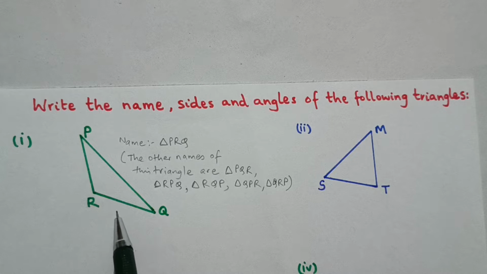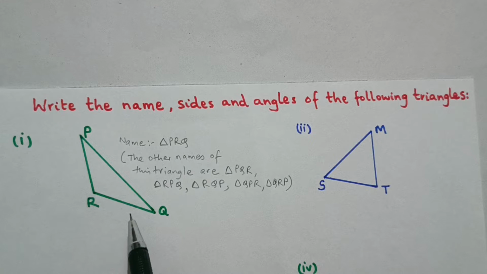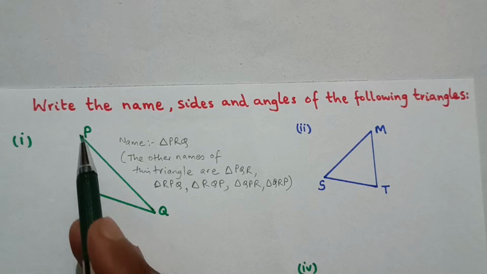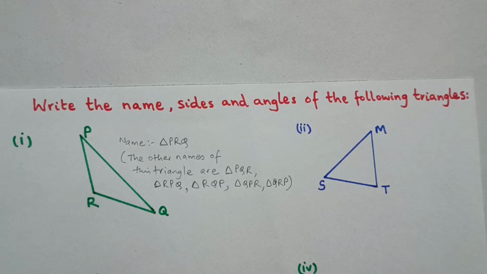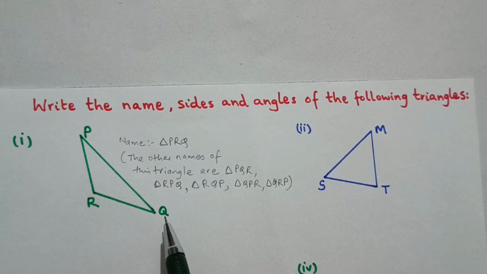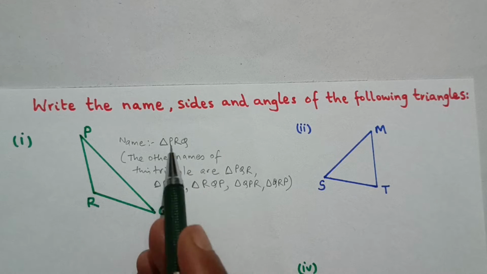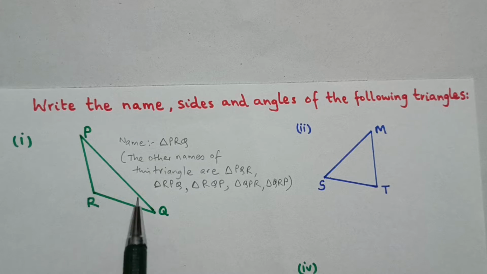I am calling this triangle as triangle PRQ, but you can also call it as triangle PQR or as triangle RPQ or as triangle RQP or as triangle QPR or as triangle QRP. So these are all the names of this triangle. You can call it by any one name.